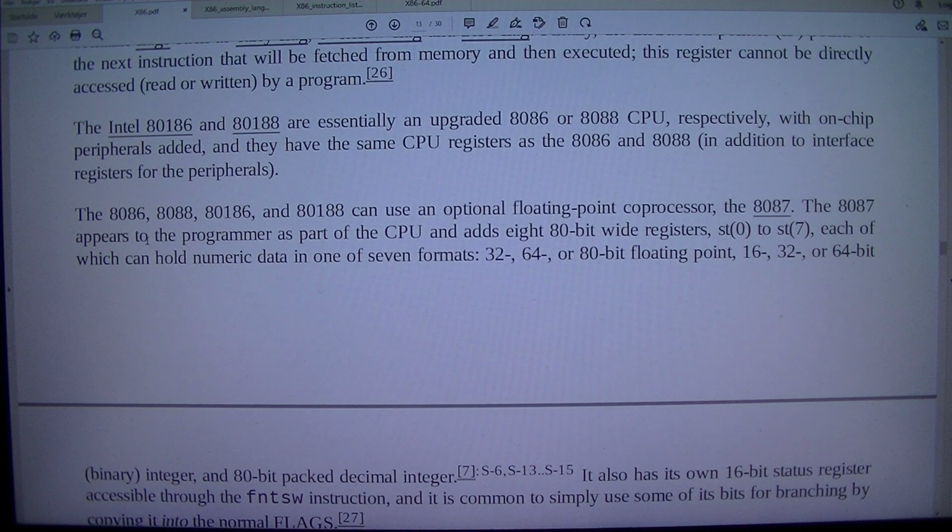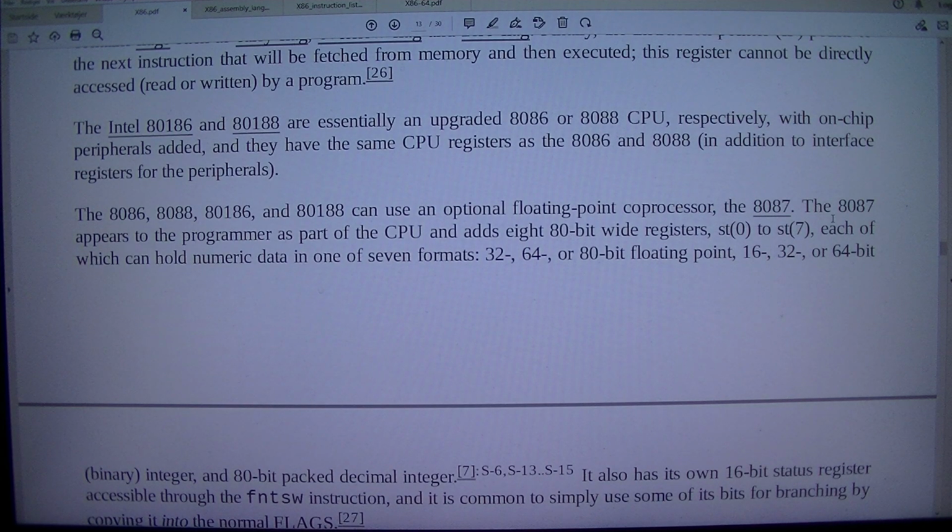The 8086, 8088, 80186, and 80188 can use an optional floating point coprocessor, the 8087.